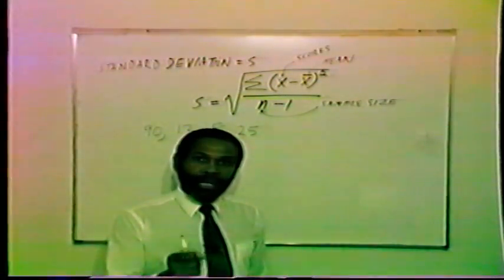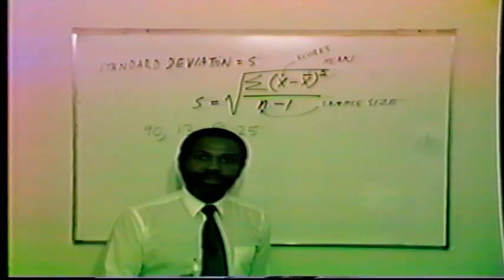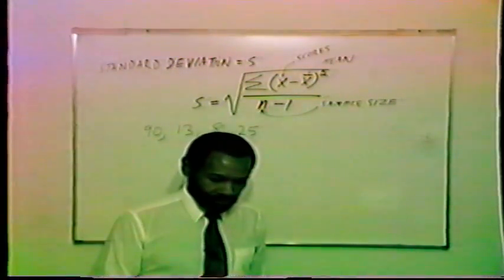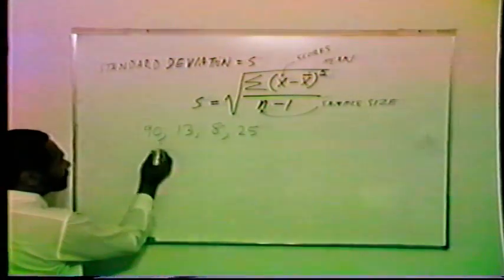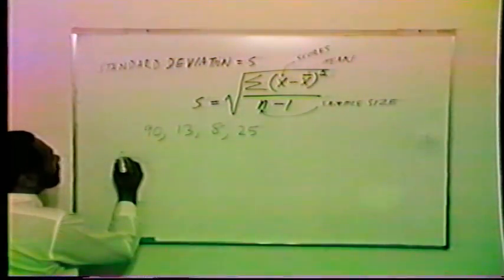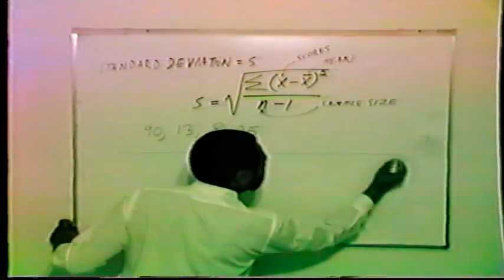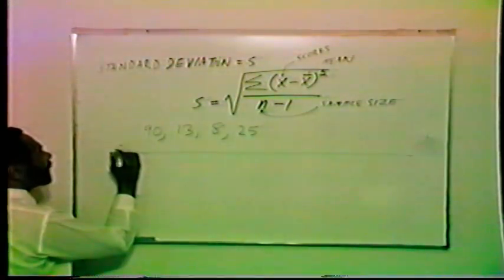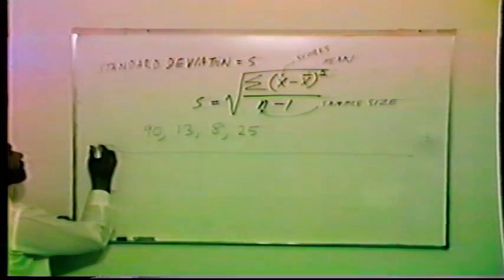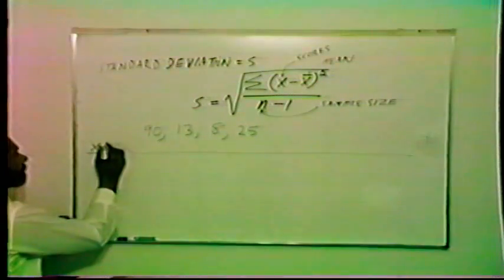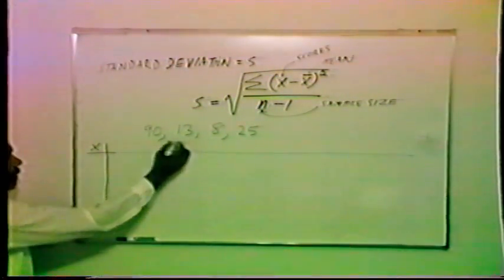Now when you set up your table to find the standard deviation, the first column should represent your scores. So we're going to let x represent the scores that we have here. We're just going to draw a line straight across. The first column, we're going to have x. And in that column, we'll just list our scores.